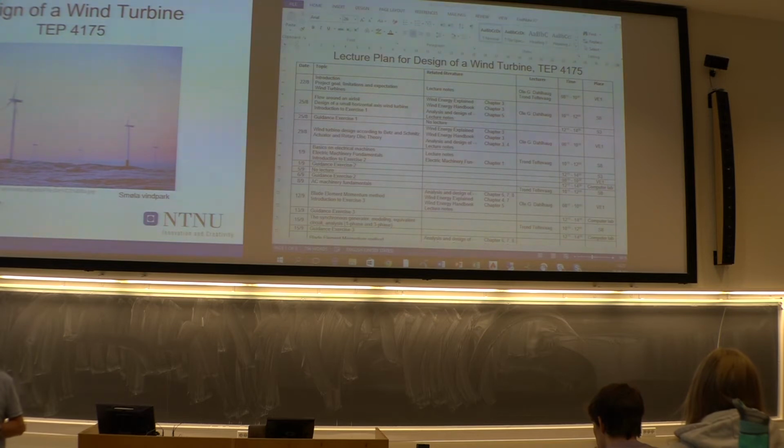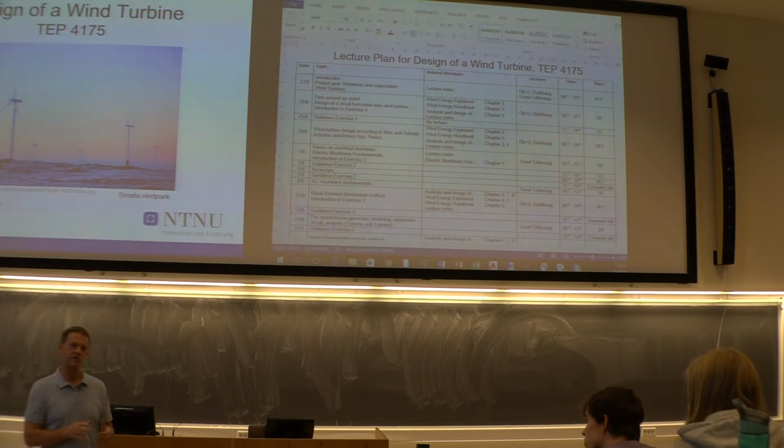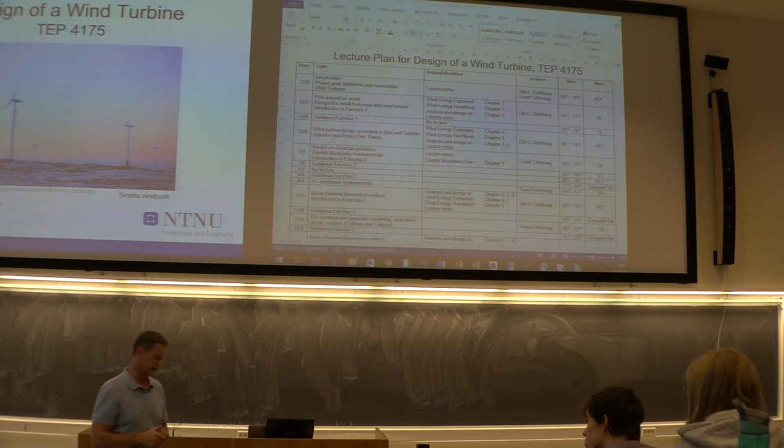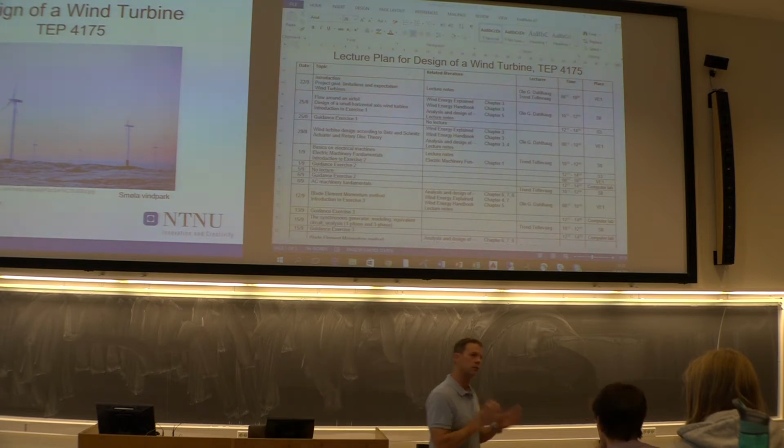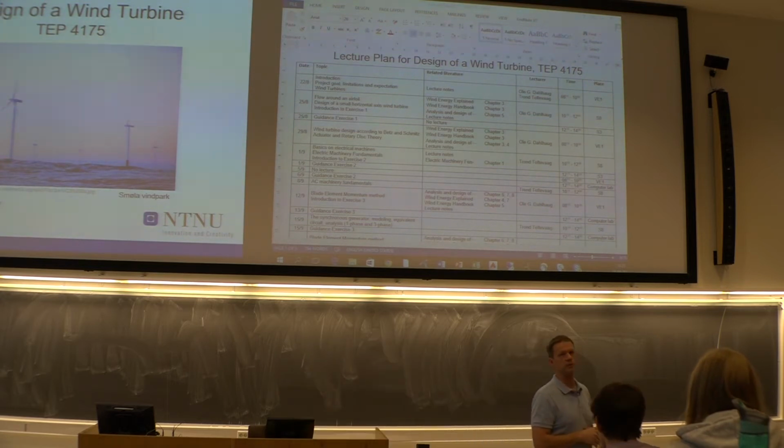Please make a note that you're going to be in groups. There will be an oral examination, which is 50% of your grade, and the other 50% is the report of the project or group work you're doing.